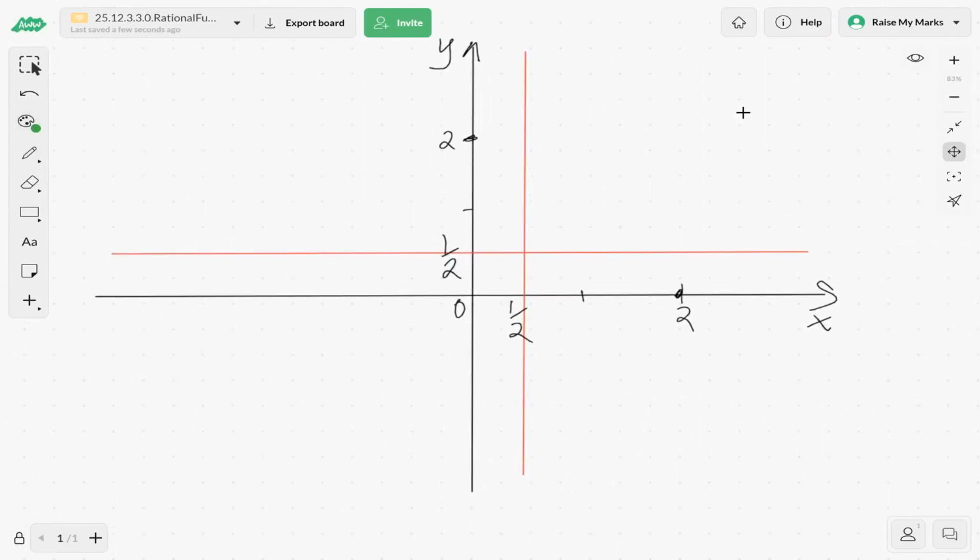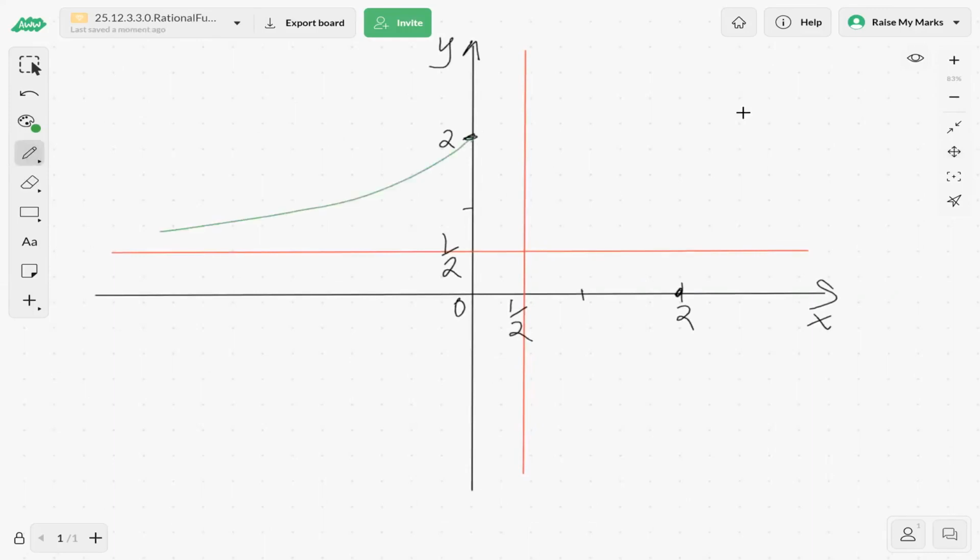All right. So on the interval from negative infinity to a half, so when x is less than a half, our function is positive, and we need to go through the point y equals 2. So that's our y-intercept. So our function looks something like this. And then on the interval from 1/2 to 2, our function's negative.